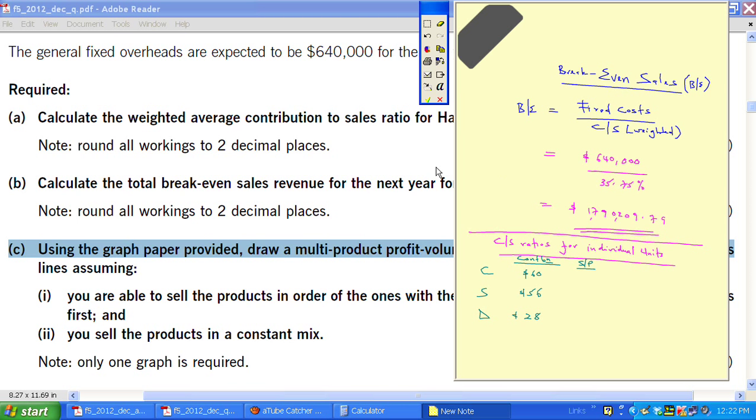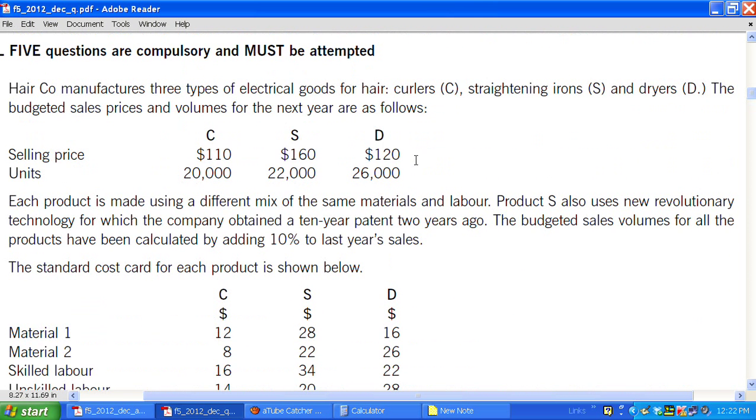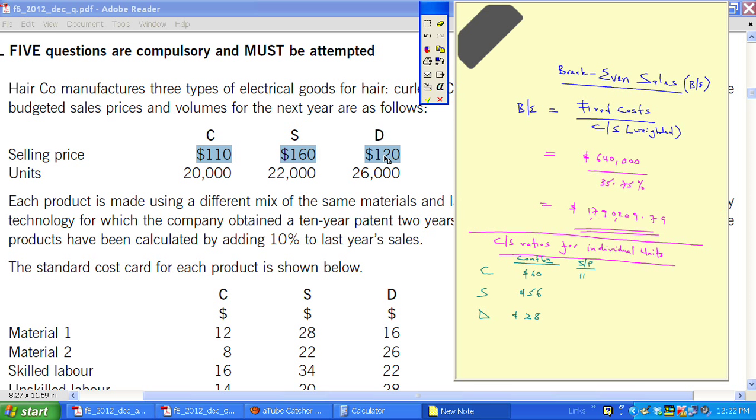Then what was the selling price for each? Back to the question, the figures are here. Selling prices are right here. So we have 110, we have 160, 120.